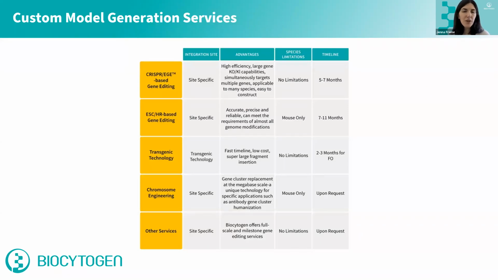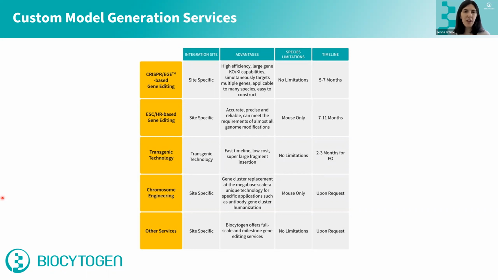In addition to the off-the-shelf models that we provide, if you don't see the exact model that you are looking for, just a reminder that we have an incredible gene editing team that offers comprehensive services for both models and cell lines using technologies including CRISPR, traditional ESC-based homologous recombination, and more advanced technologies as well, depending on your specific needs.